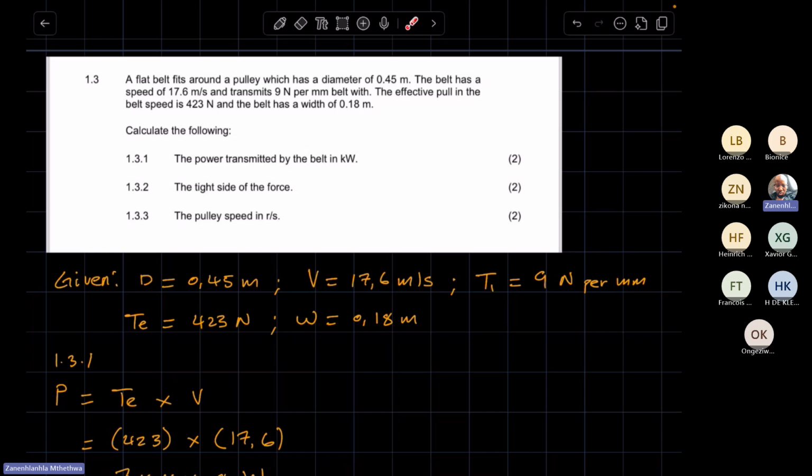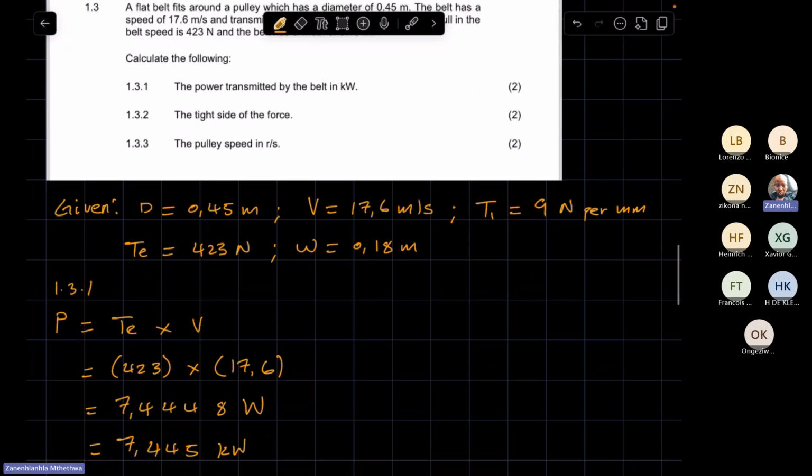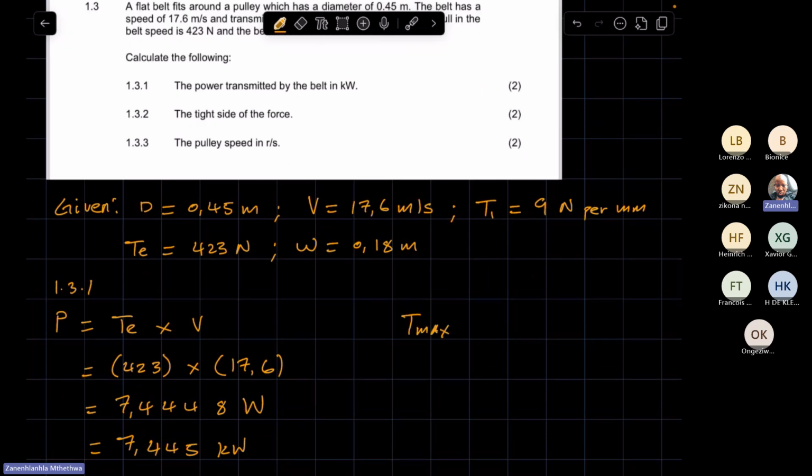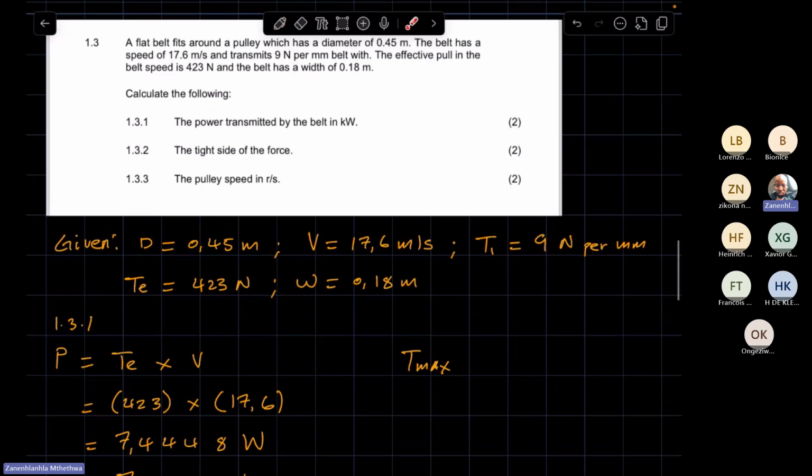Because in the syllabus, we do not necessarily teach you what Tmax is, right? But if you look at the question, the question suggests that we don't necessarily have T1. We actually have Tmax.